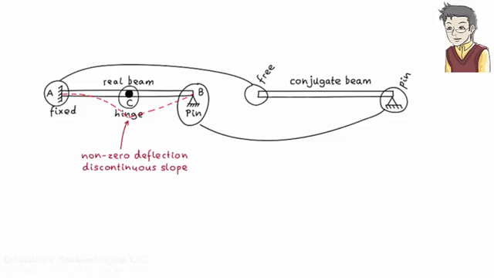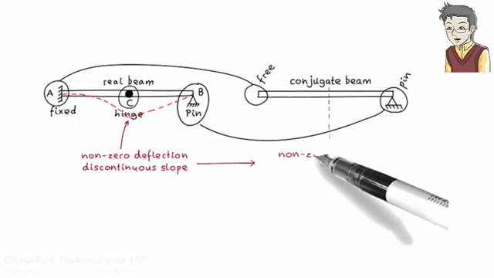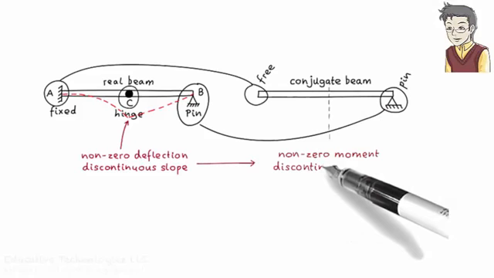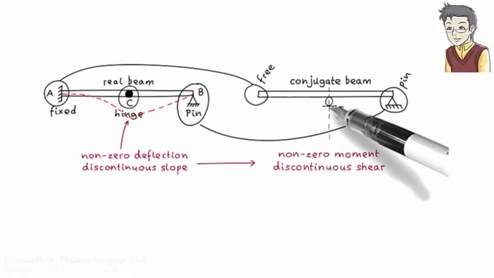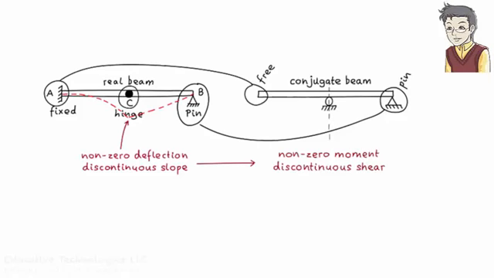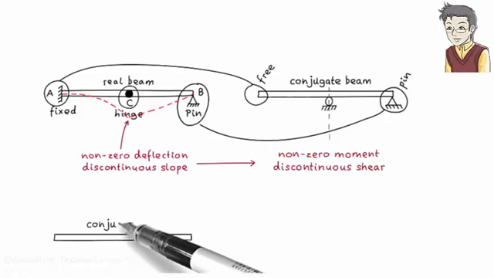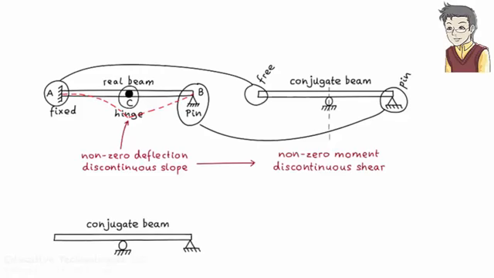These conditions need to be matched in the conjugate beam. At C, there must be a non-zero moment and a discontinuity in shear value. A pin or roller at C produces the desired conditions. So the conjugate beam looks like this. Now let's look at a few examples.